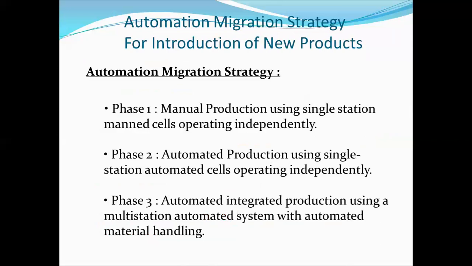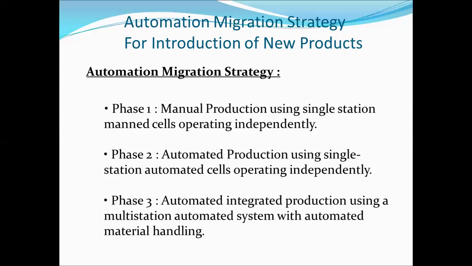Now, the next is the automation migration strategy. See, for the introduction of a new product, there are basically three phases where we can perform the operations. One is manual production using single station manned cells operating independently. Second phase is automated production using single station automated cells operating independently.